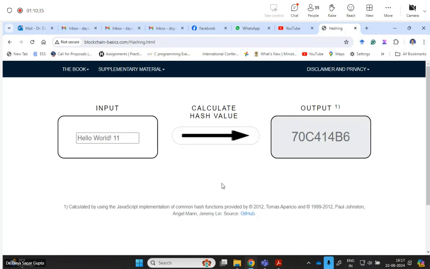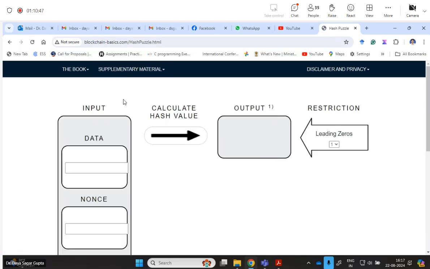Now, what is the challenge here? Let us try another example, a hash puzzle. How is the hash puzzle here? My message was hello world. The same thing will appear, don't worry. My nonce is 0.